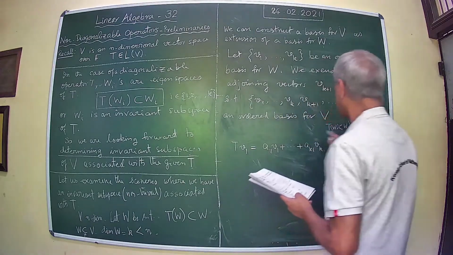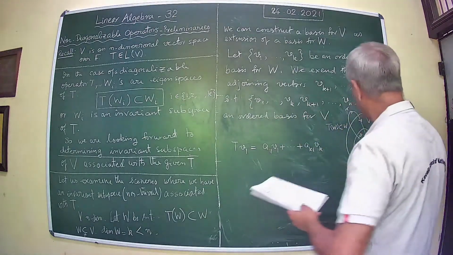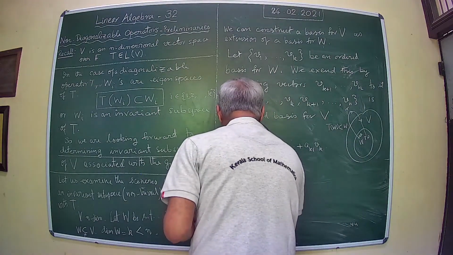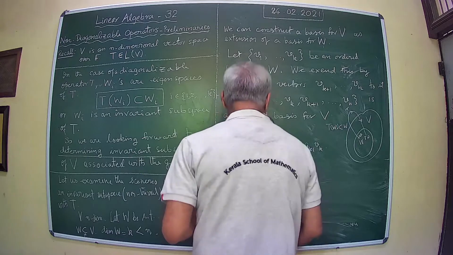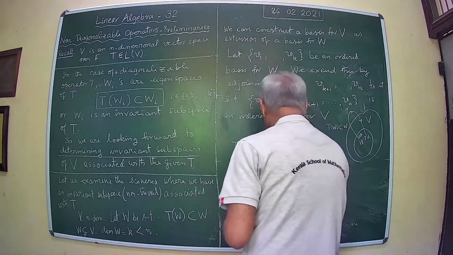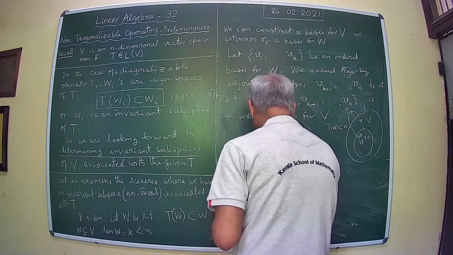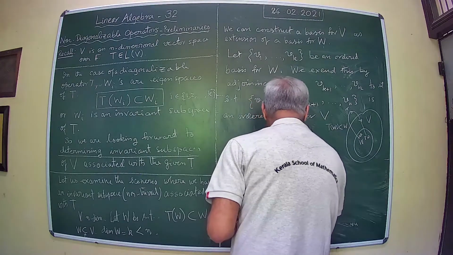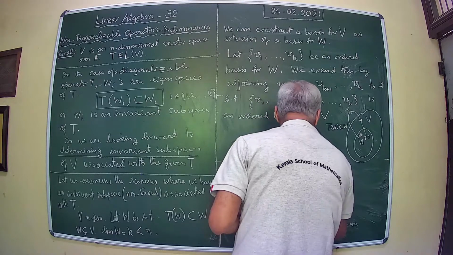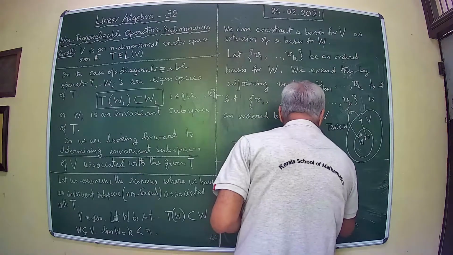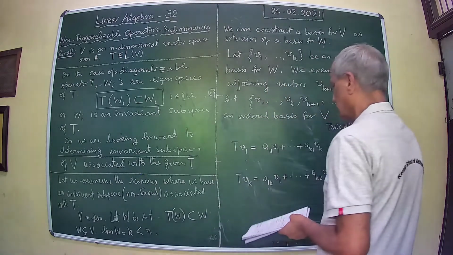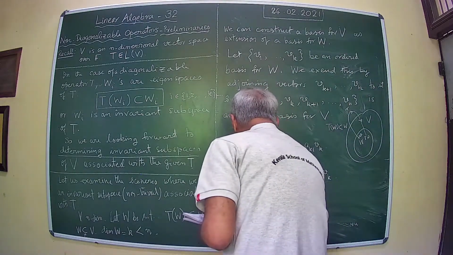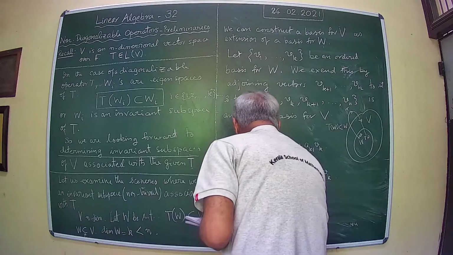The coefficients of Vk plus 1, up to Vn will be 0. And you have this up to T Vk. For the rest, what you have is T Vk plus 1.